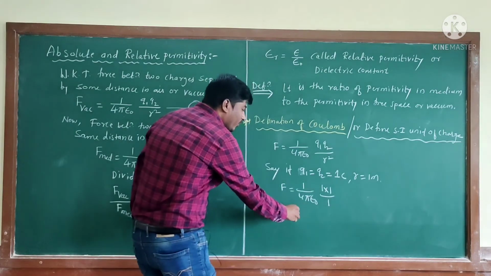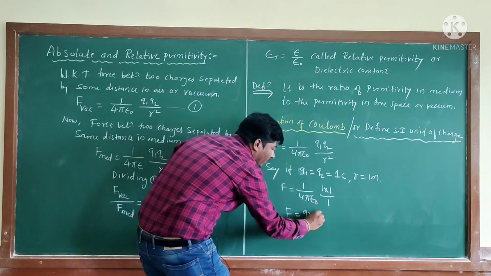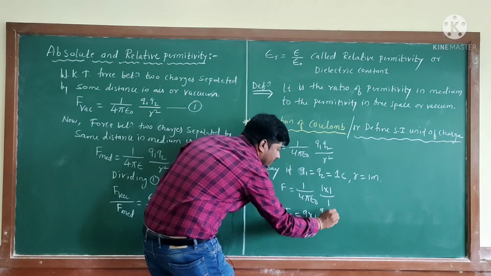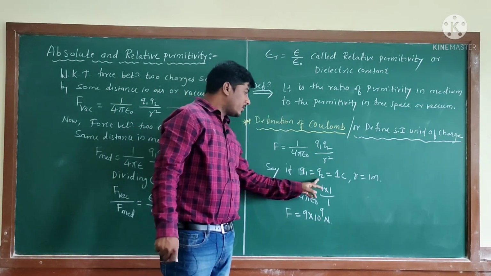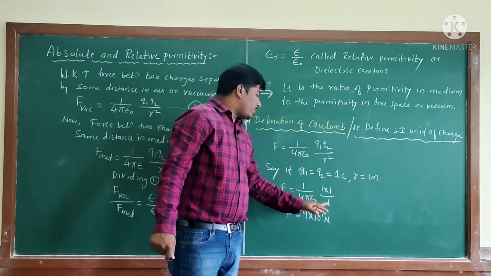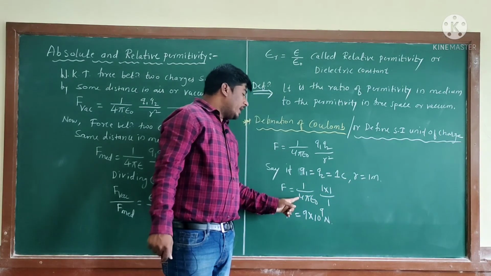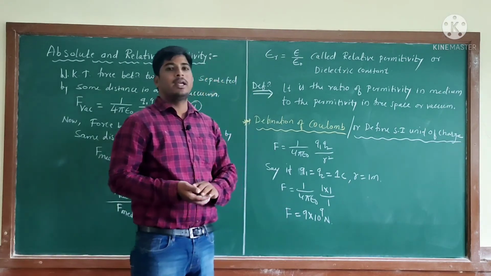What is the value of 1 by 4 pi epsilon naught? It is 9 into 10 to the power 9 Newton meter square per Coulomb square. Alright, if suppose Q1 is equal to Q2 is equal to 1 Coulomb and R is equal to 1 meter, we get the force that is 9 into 10 to the power 9.